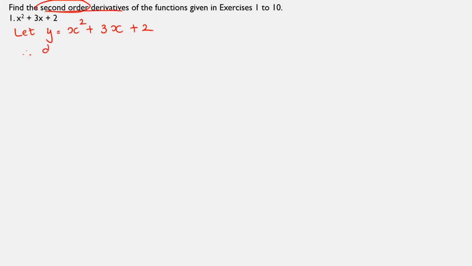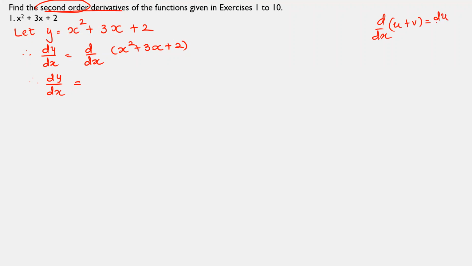So left hand side also d by dx and right hand side also d by dx. We are differentiating both sides with respect to x. It's like dy by dx on the left side as it is. On the right hand side, as we know the rule says that if you have u plus v, it is du by dx plus dv by dx.